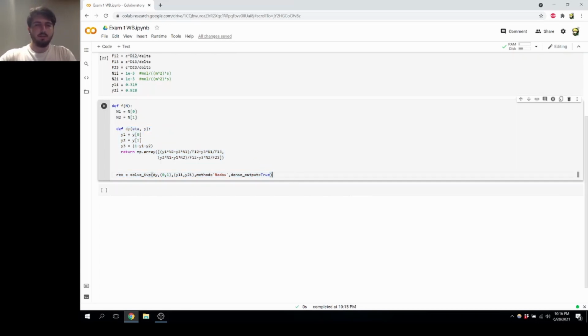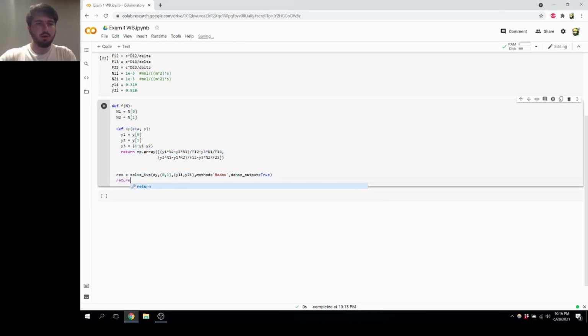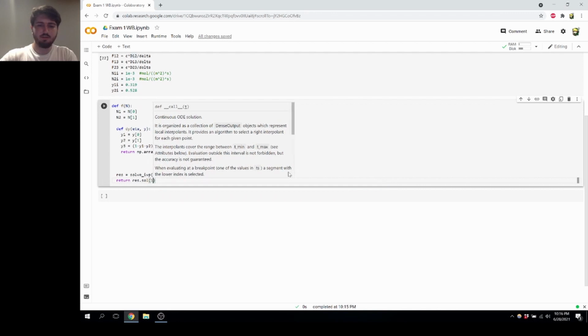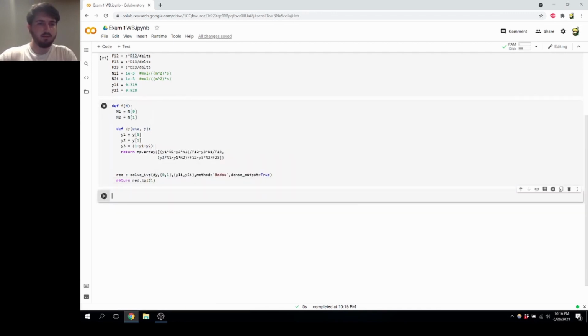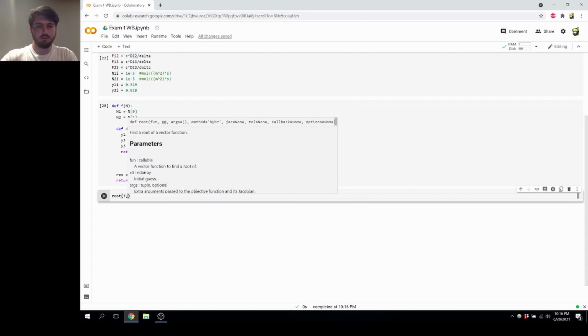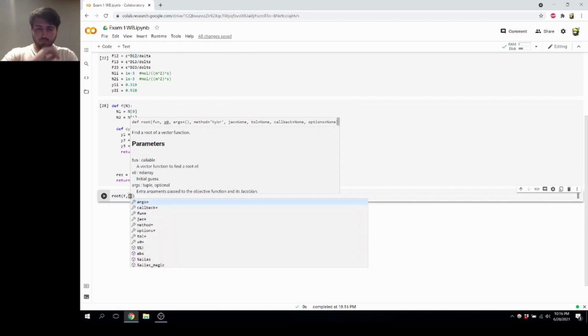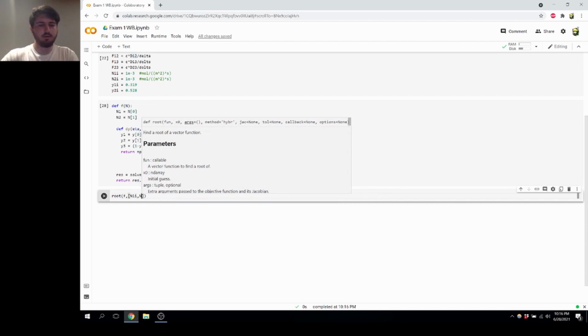And then on top of that, we are going to want to return that solution that we got there. And the reason why is because we're actually going to go ahead and find the root of this. And the root, excuse me, n1i and n2i.